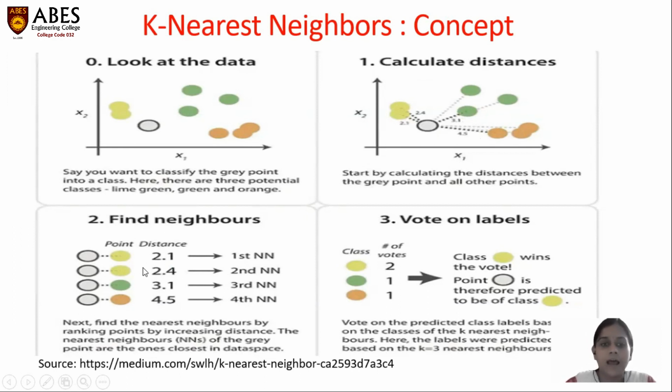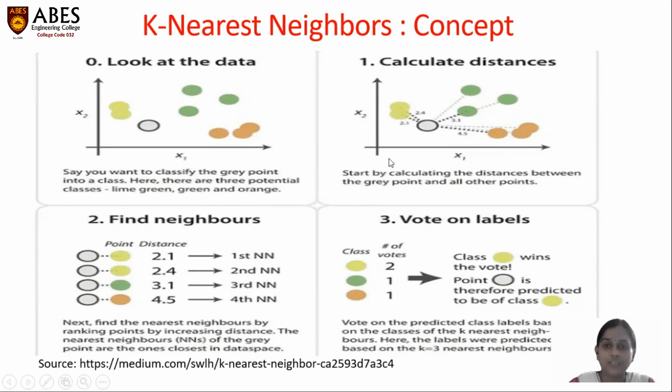Then, after calculating the distance, we arrange them in a sorted list. As you can see in the diagram marked by number 1, the distance between the yellow point and gray is 2.1, 2.4, 3.1, 4.5.